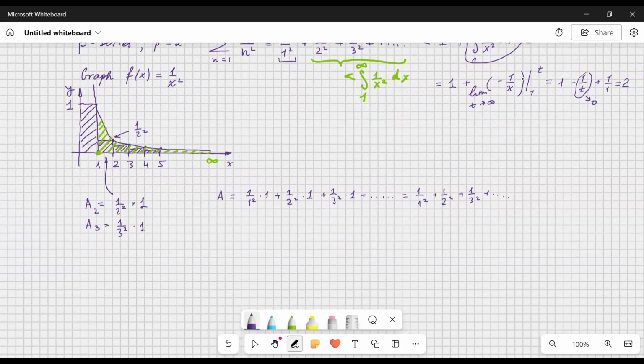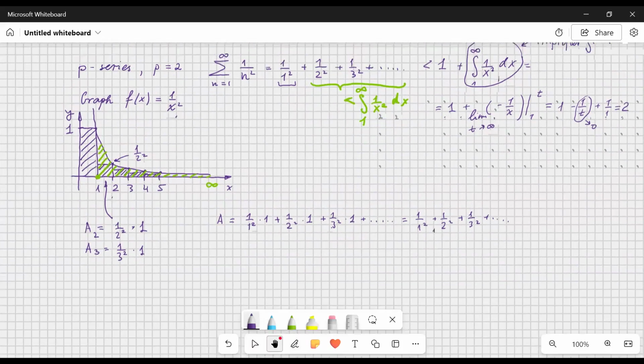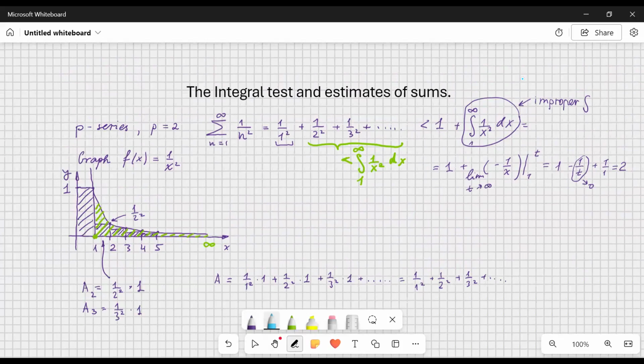Let's consider the sequence of partial sums. So this is my first partial sum S1, my second partial sum is S2, and my third partial sum is S3. We can write down S1, S2, S3. That's a sequence of partial sums, right? We know that the series has a limit when this sequence has a limit. So actually the limit of Sn as n approaches infinity is equal to the sum of the series, right?